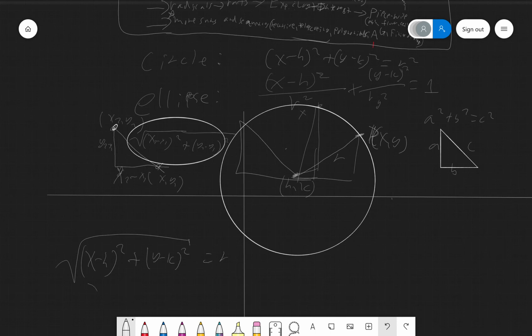We square both sides, and boom, we get the equation of a circle: x minus h squared plus y minus k squared equals r squared. It's that simple. Just find all the points such that the distance from the middle to that point is the radius. That's the definition of a circle.